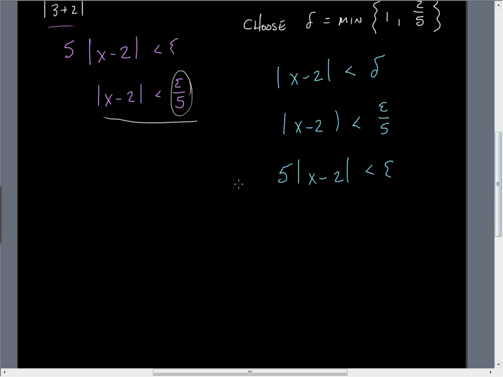From there, that means that, it is not obvious, but 5 is equal to 3 plus 2, and the absolute value of 3 plus 2 times x minus 2 is less than, I'm sorry, is greater than, hang on, let me stop here.